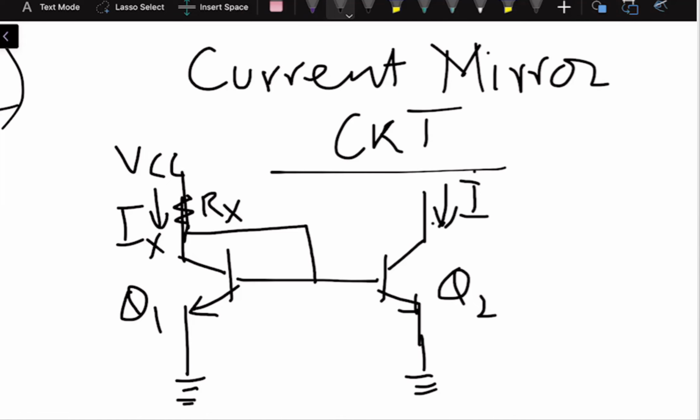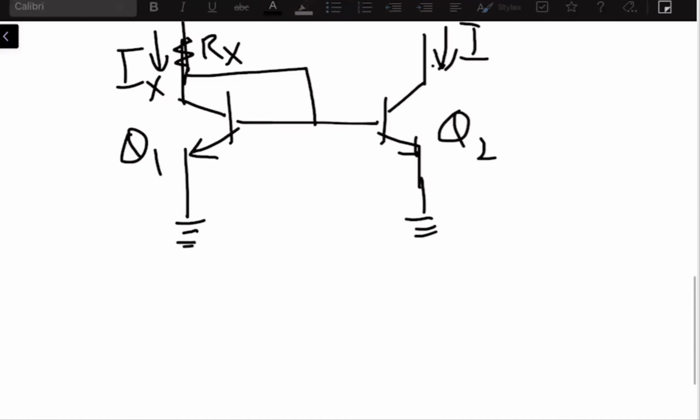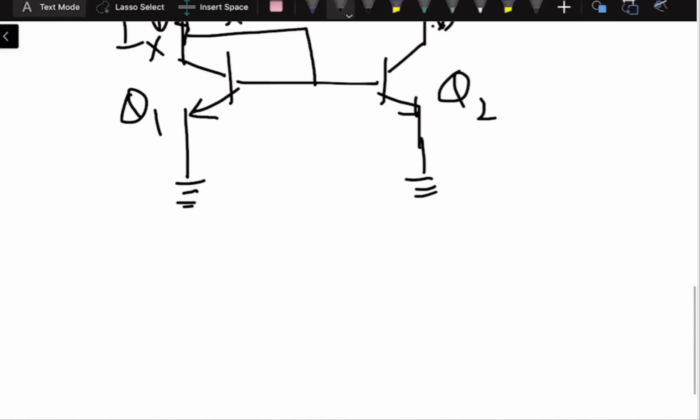The current flowing in the base should be IB, and we also know that IB is equal to IE divided by beta plus 1.